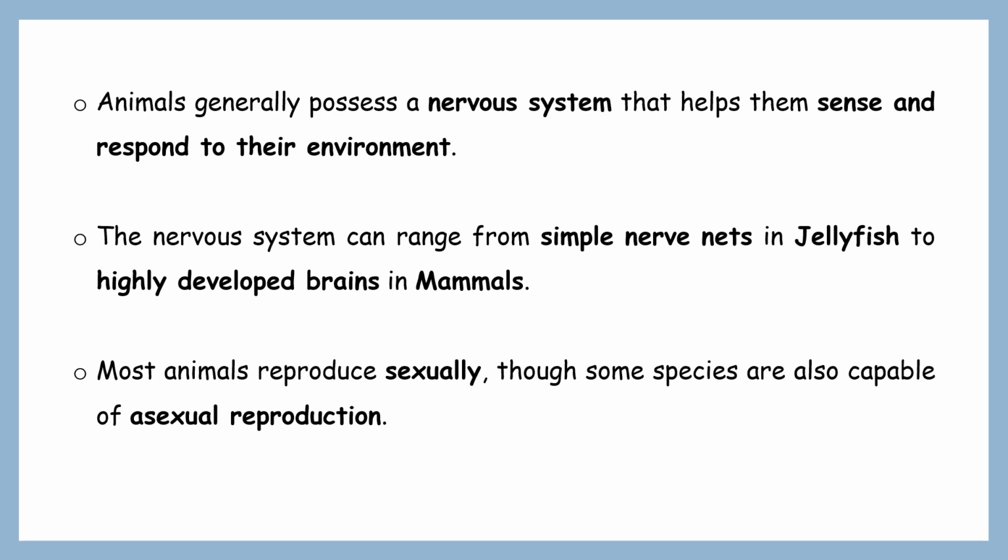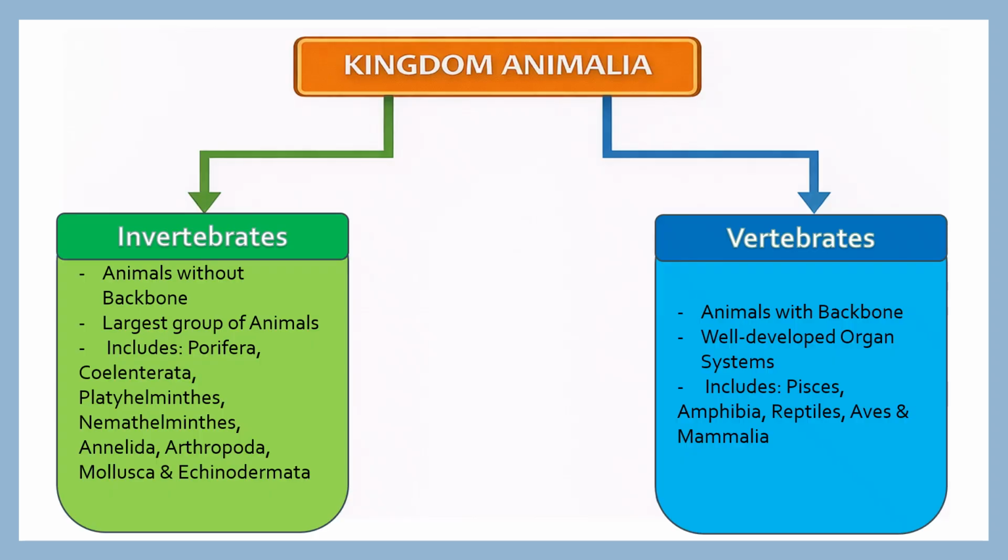Most animals reproduce sexually, but some lower categories of kingdom Animalia also exhibit asexual reproduction. Kingdom Animalia is further divided into broadly two categories, invertebrates and vertebrates.